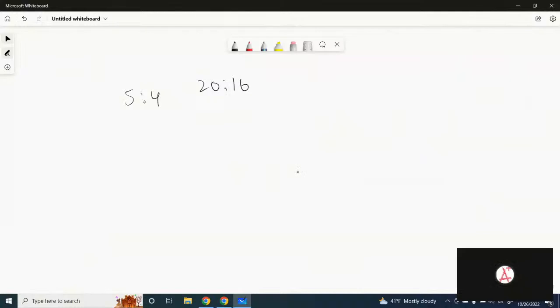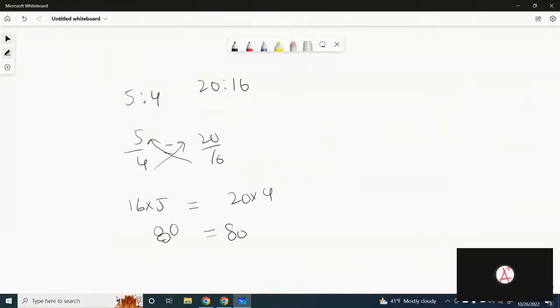Okay, let's just check 5 over 4 equals 20 over 16. Just cross multiply them. So 16 times 5 and 20 times 4. 16 times 5 is 80 and 20 times 4 is 80. Yes, they are equivalent. Got it?